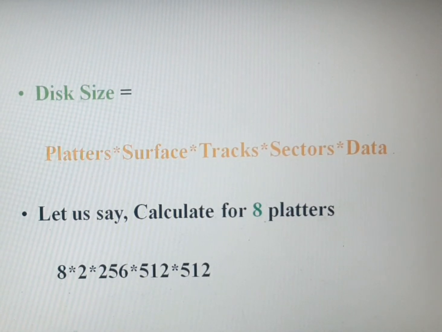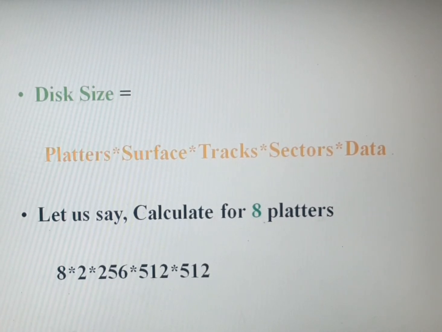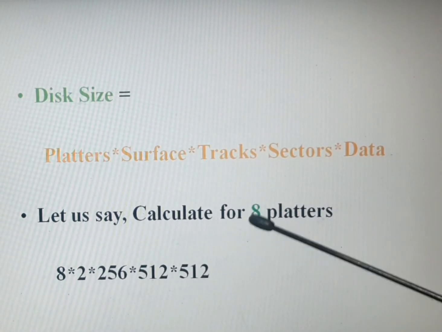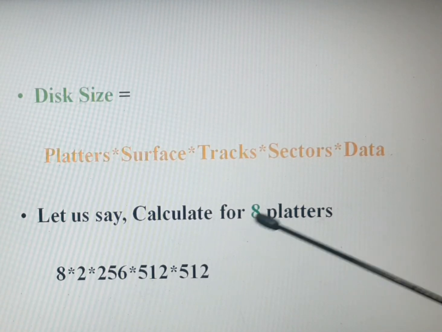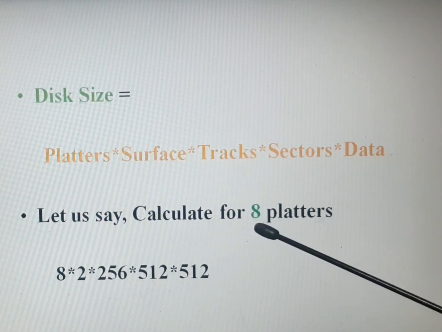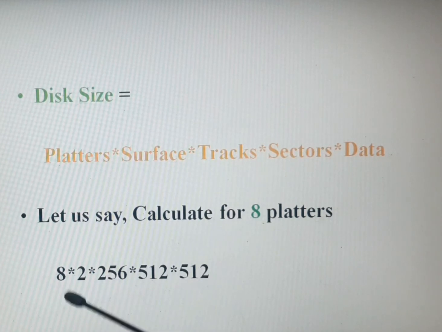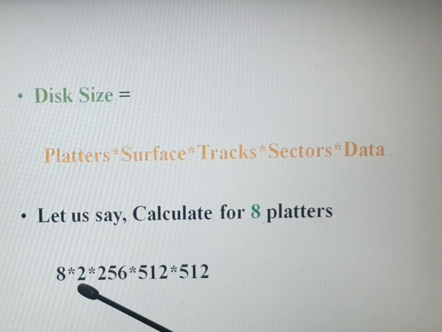Let us take an example. Let us take 8 platters. To find the size of the 8 platters, you take platters first, and each platter has 2 surfaces, so 8 into 2.